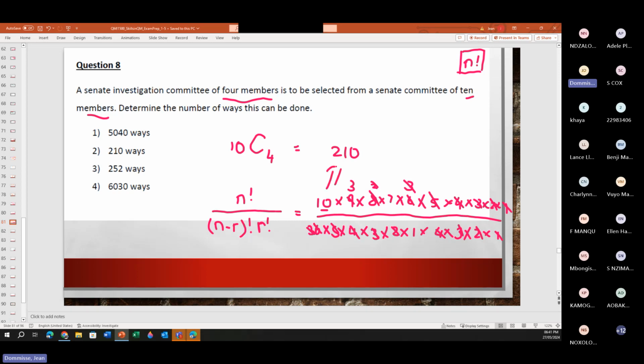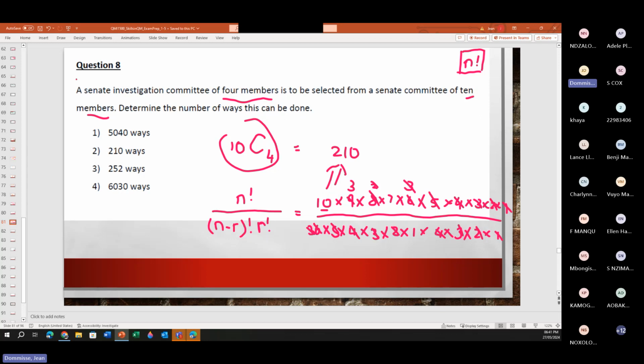So by using the calculator or by using your formula, you will get the same answer. If your calculator doesn't have that function, at least you can do it with a formula.